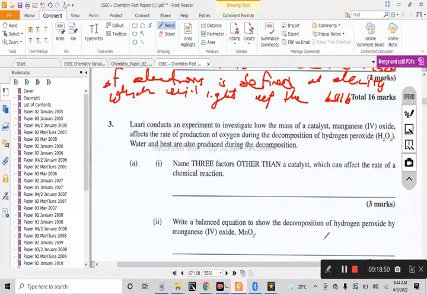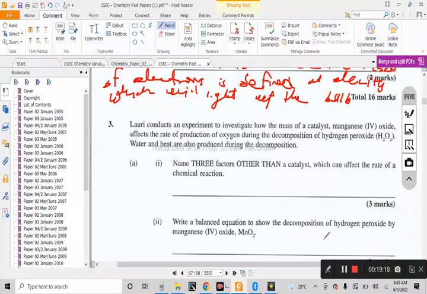Good. So Lowry conducts an experiment to investigate how the mass of a catalyst, manganese(IV) oxide, affects the rate of production of oxygen during the decomposition of hydrogen peroxide to form water and oxygen gas. H2O2 decomposes to produce H2O and oxygen gas when you put manganese(IV) oxide in it. Manganese(IV) oxide does not take part in the chemical reaction.